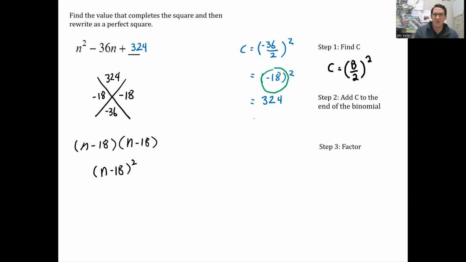Whatever b divided by 2 is, that's what these are going to be on the side. If you can remember that, we can skip all this x factor nonsense and go straight down here. It's just the variable, in this case the n, plus or minus whatever half of b is, squared. So from here on, we are going to skip the factoring. The whole reason we're completing the square is because it will factor nice and neat, so we don't have to think about it too much.